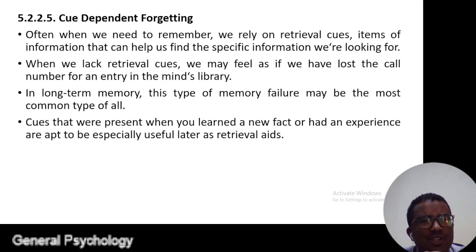The other one is cue-dependent forgetting. Cue-dependent forgetting means if there is no clue, we will tend to forget that information. Clues and cues facilitate our memory, but if we lose the clue or the cue, we will forget that specific memory.